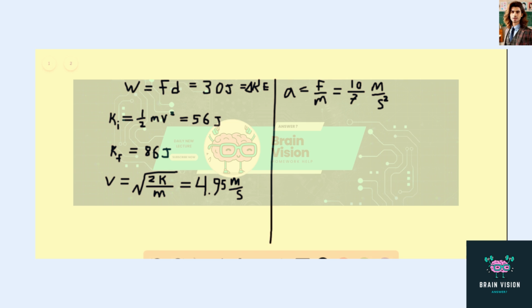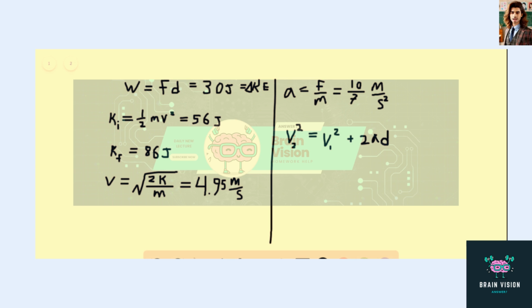Now we can use our kinematic equation of motion here. So the velocity at a later time squared is equal to a velocity at an earlier time squared plus 2 times the acceleration times the distance it moved. So we can put all those numbers in there.